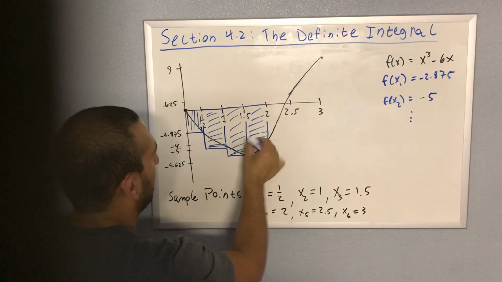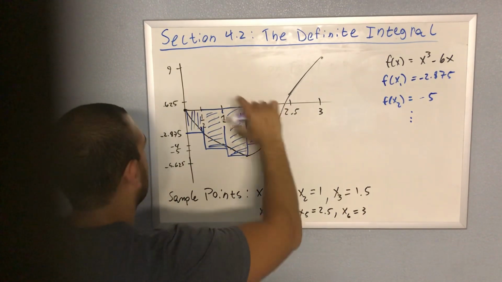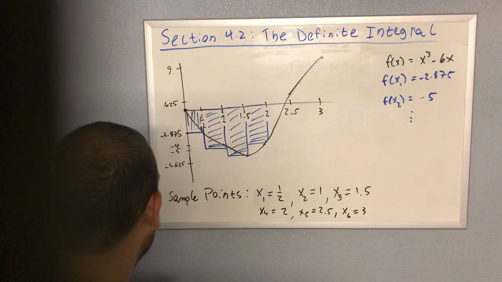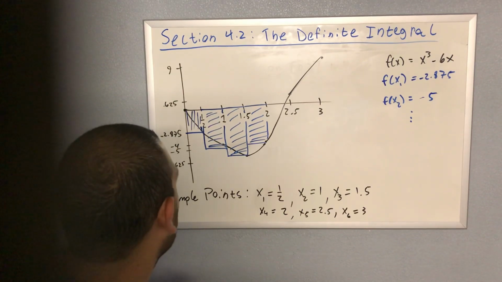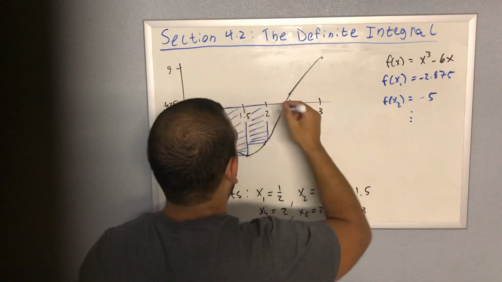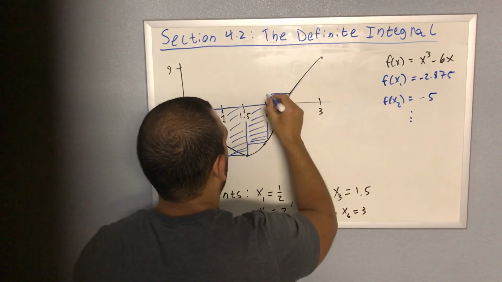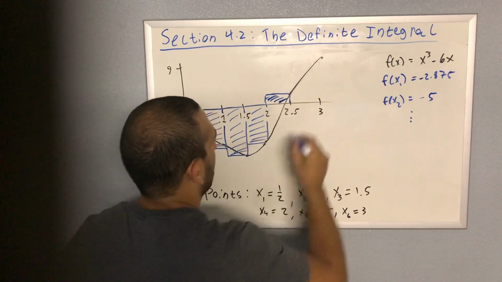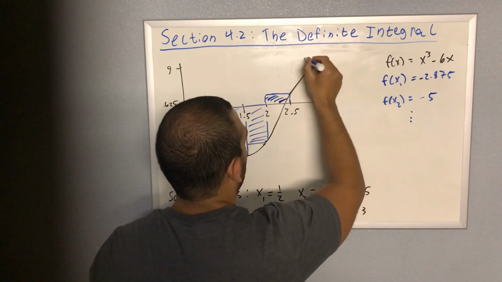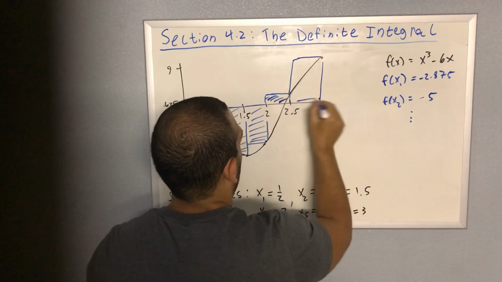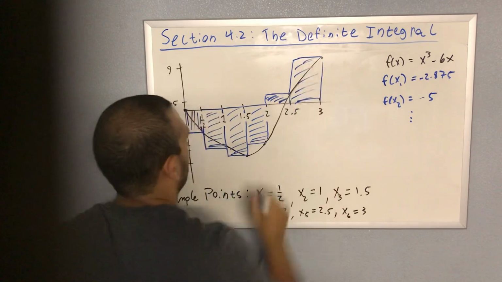So the width is 1/2, and the height is negative 4. And then last but not least, we have the other ones. So at 2.5, we're up here, so we get this small area, and then at 3, we're up here. So we get that. Okay.